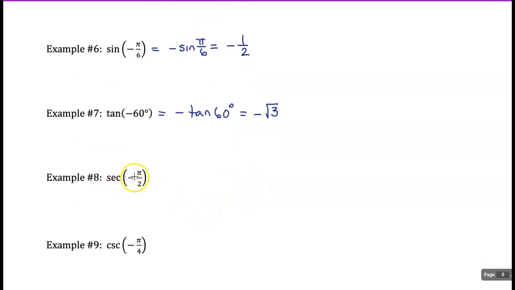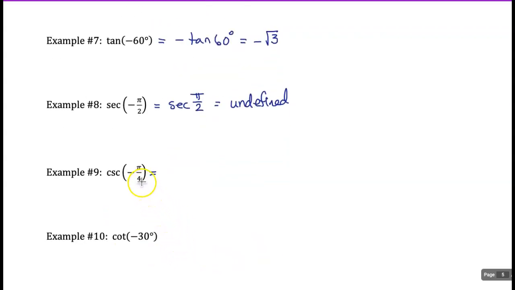Secant is even, so this would actually just be equal to the secant of pi over 2. Well, the secant of pi over 2 is the reciprocal of the cosine of pi over 2. The cosine of pi over 2 is actually 0, so this would be undefined. And then lastly, cosecant is odd.